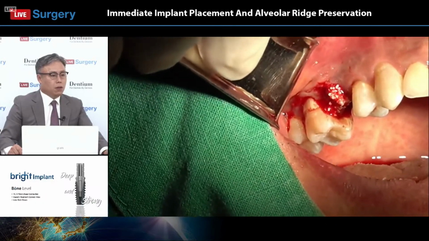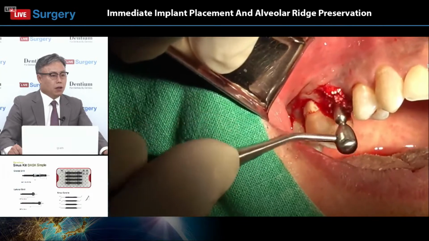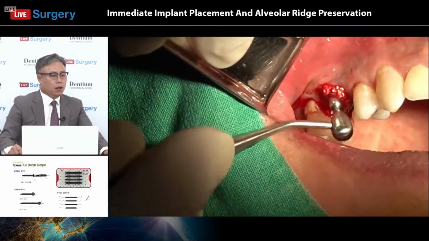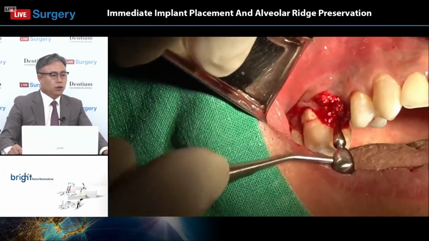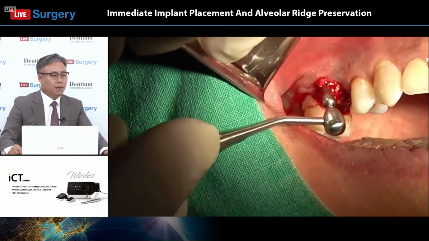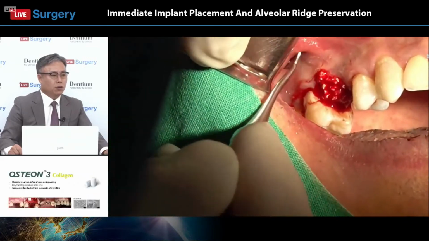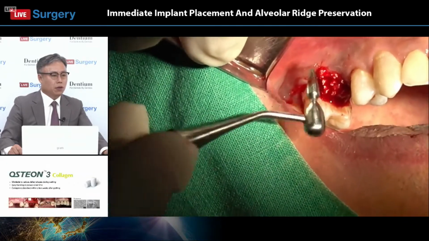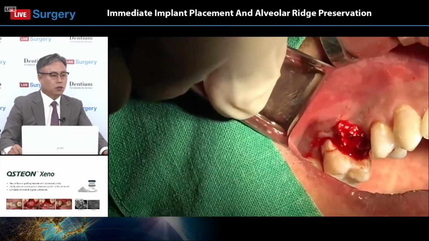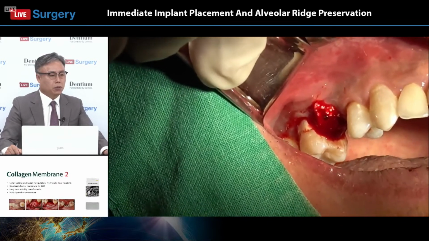Good. And I think this instrument looks very convenient. I would like to buy one for my clinic. And also the tooth elevator for extraction. He used the sharp tip end.